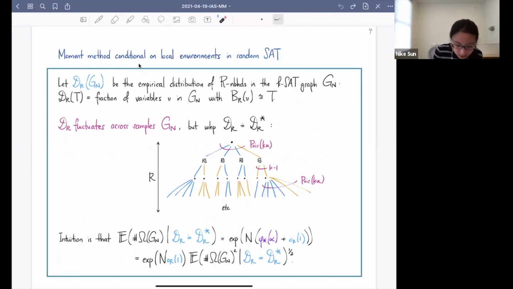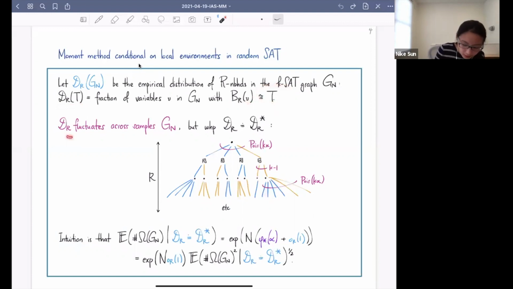So D_R of t is just the fraction of variables in the graph, such that when you look at their R neighborhood rooted at the variable, it's isomorphic to t. So again, we take R to be some fixed radius, which will be very large. So because we take it to be a fixed radius, t should look like a tree.